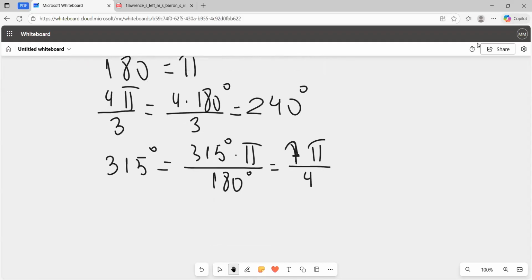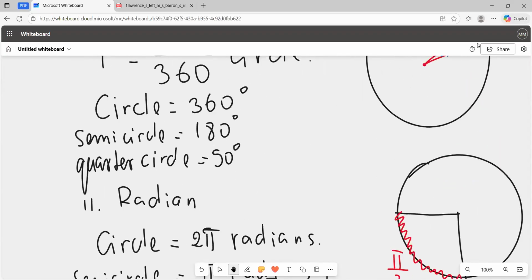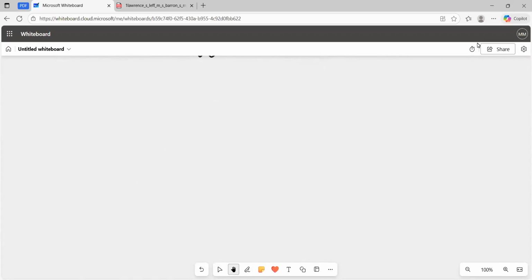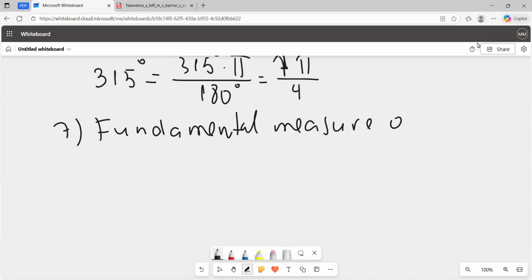We also must talk about the fundamental measure of angles. I mean, for example, let's say 1650 degrees is equal to what?